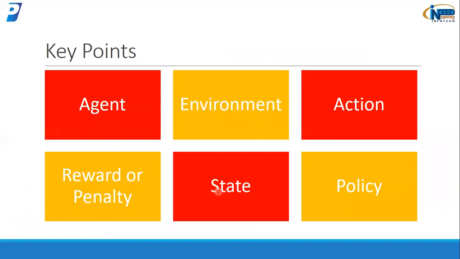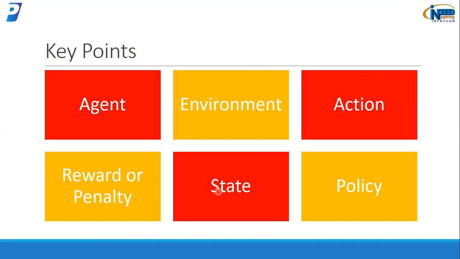So here we have certain important things. Agent: the dog is the agent here. Environment: the environment could be your garden or your home with you. Action: the set of possible activities or actions the dog can perform, like standing up, sitting down, catching the ball. So different types of actions.